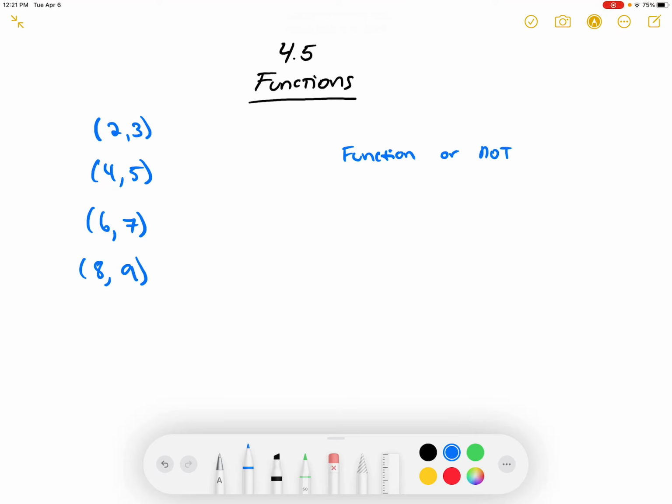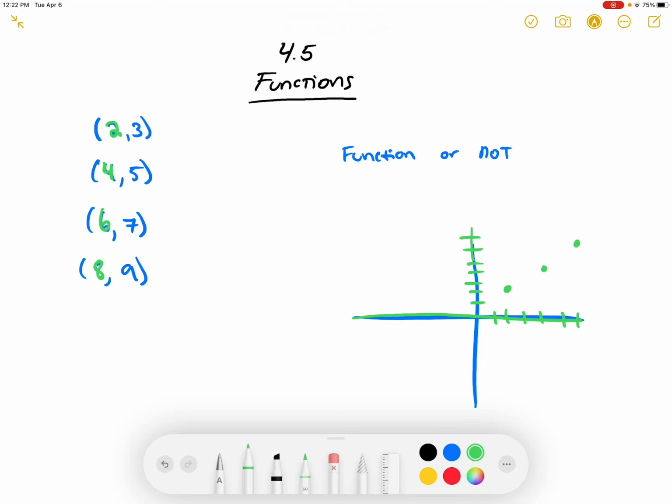or not. And basically what a function is, it's going to be some type of graph on the coordinate plane. So in this case, we'd have 2 comma 3, which would be 1, 2, up 3, right here. 4 comma 5 would be 1, 2, 3, 4, up 5. 6 comma 7 would be 6, 7.